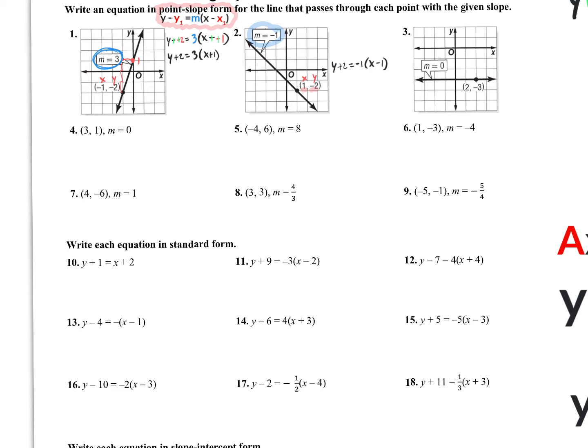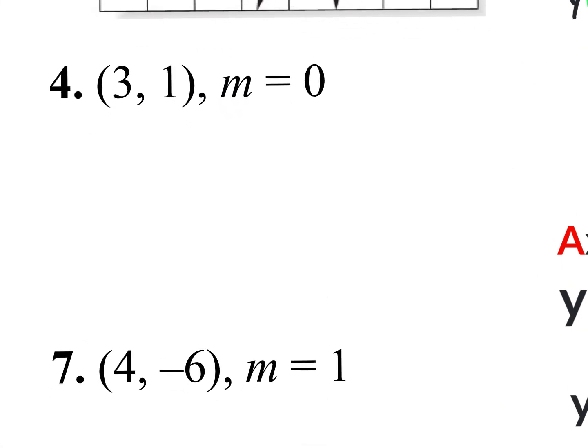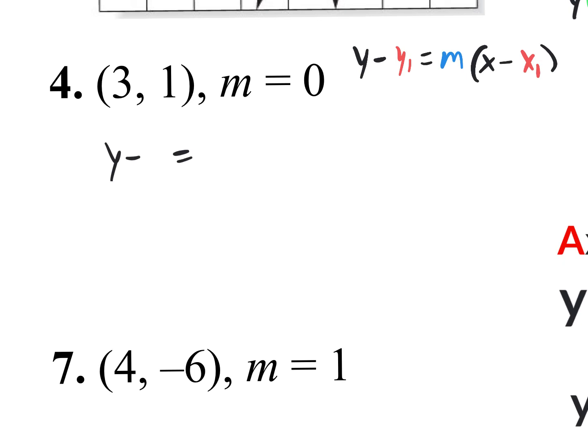4. All right. Point slope form. Let's write down the point slope form equation. y minus y1 equals m parenthesis x minus x1. Again, we're going to use blank spots. y minus blank spot equals blank spot parenthesis x minus blank spot.